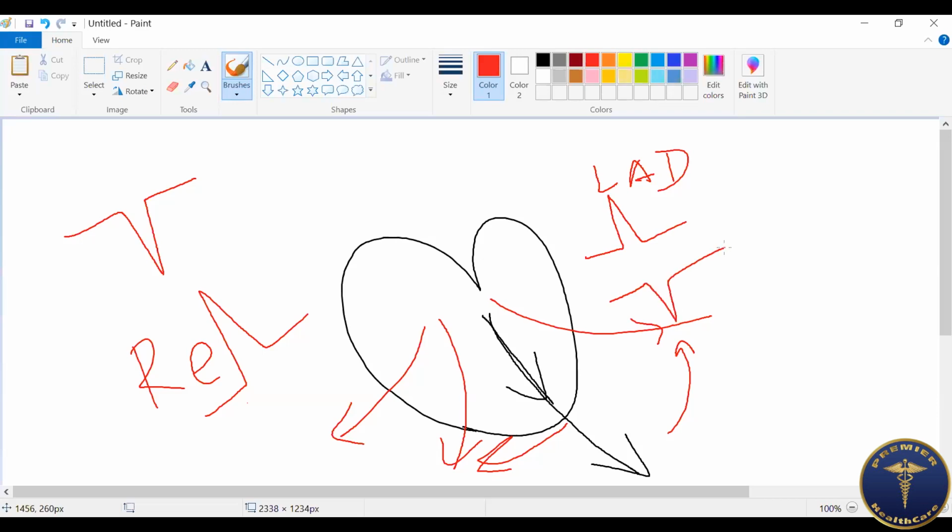They are leaving, they are never going to meet. This is called the leaving pattern. Left axis deviation, leaving pattern. Right axis deviation, reaching pattern. Reaching and leaving, where do you look? Lead 1 and lead 3.